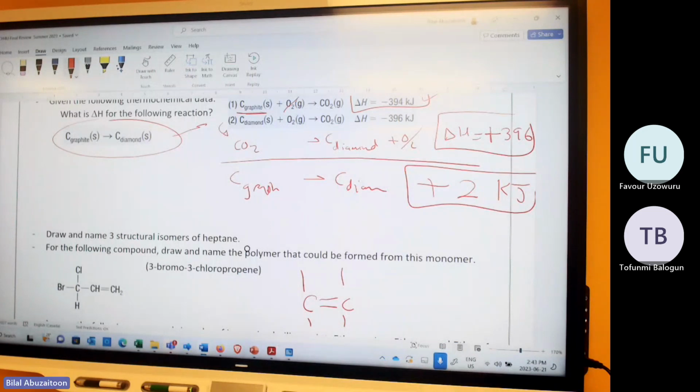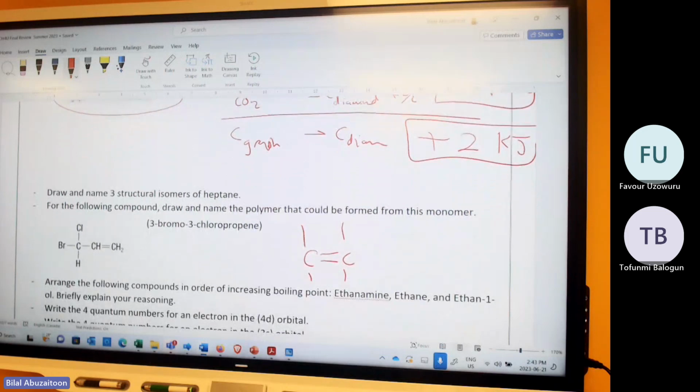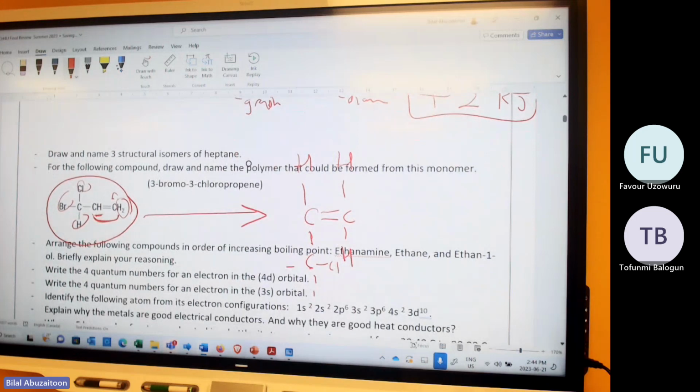How to write this formula? Where's the double bond? C double bond C. These two hydrogens on this carbon, one up, one down. The other carbon has one hydrogen, up or down, it's up to you, and the other part will be C with these three bonds, Cl, Br, H. If that confuses you, make all this part X, for example.